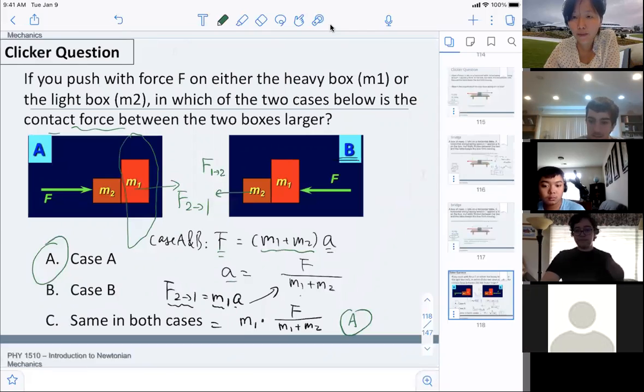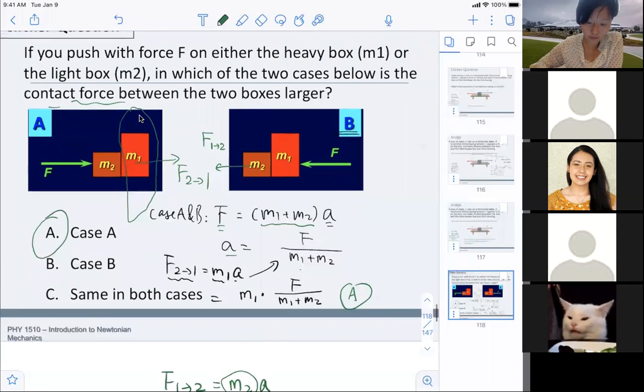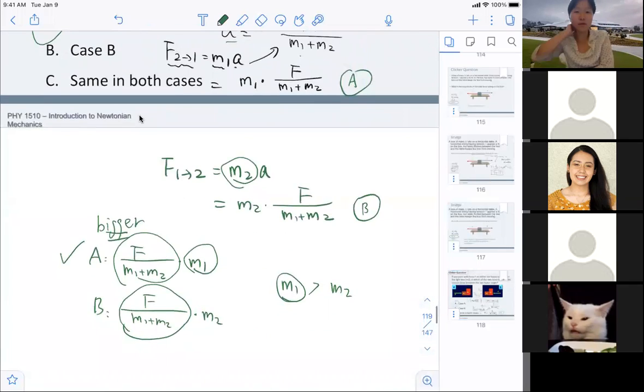Professor, could you scroll down a little bit? I had a question on that particular problem. I'm a little bit confused on why it would be on the A value.